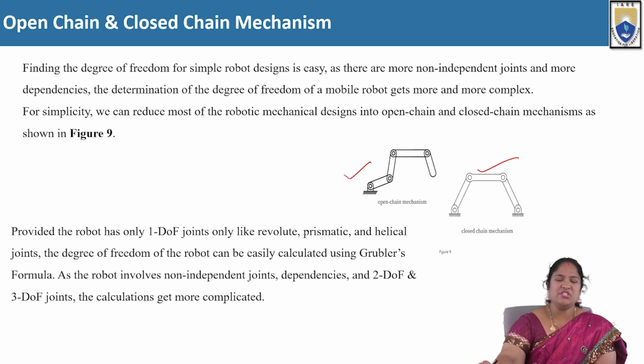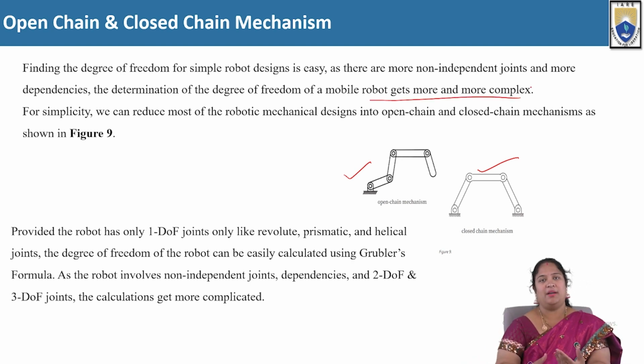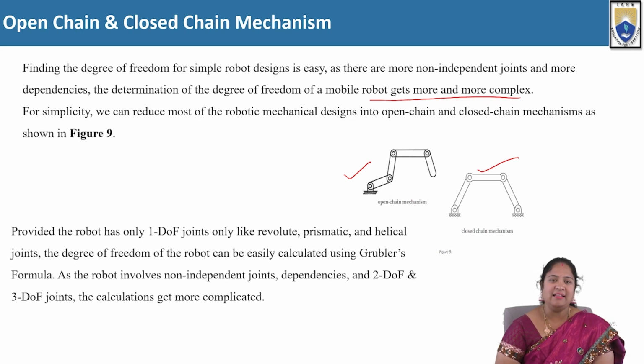The more non-independent joints and dependent joints we have, the more complex the determination of the degree of freedom of a mobile robot gets, right? When we have more dependent joints than independent joints, calculating the degree of freedom becomes harder and more complex.